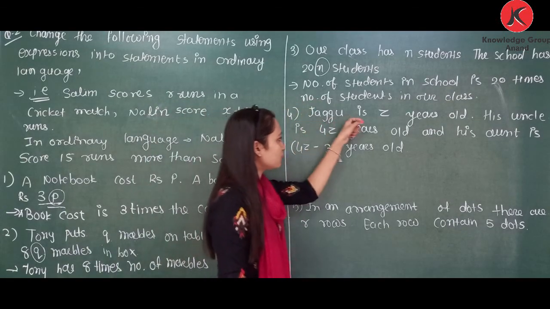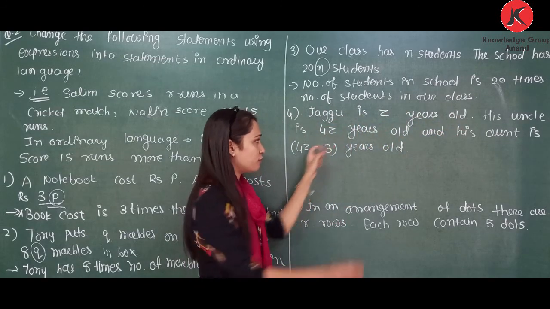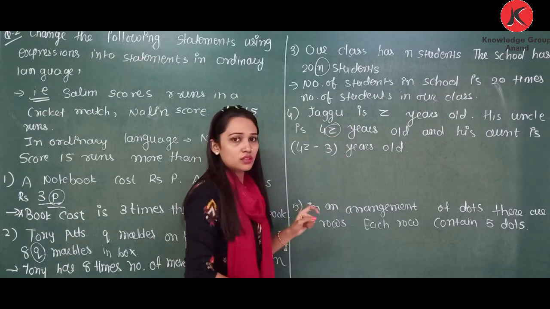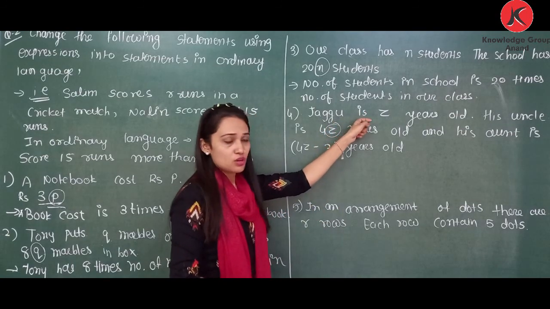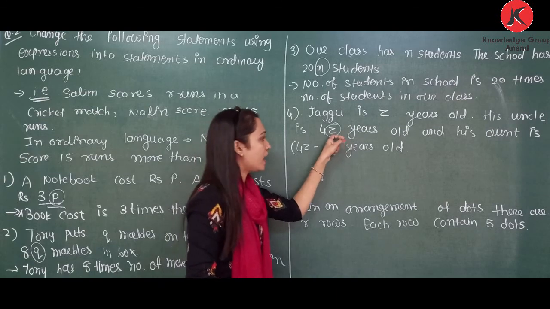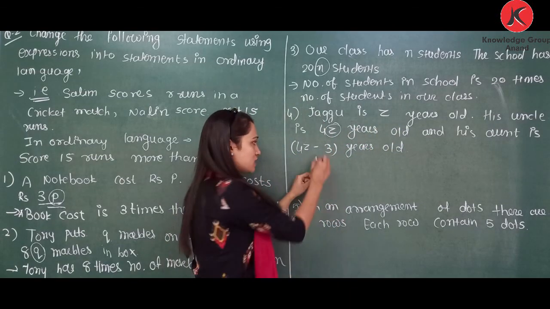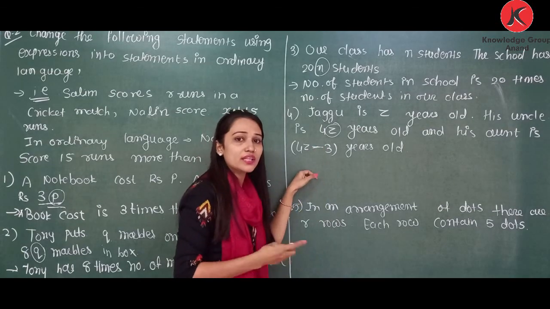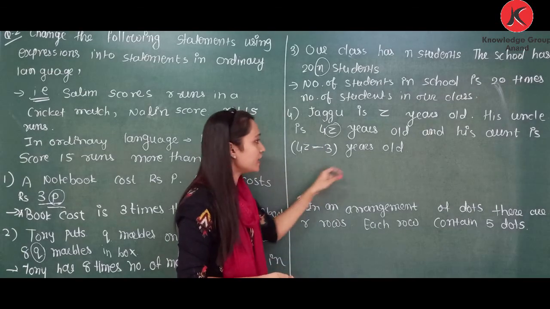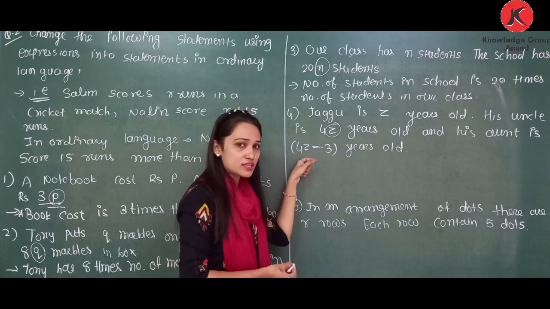Next, Jagu is Z years old. His uncle is 4Z years. What is Z? It is Jagu's age. So we can write, his uncle is 4 times Jagu's age, and his aunt is 4Z minus 3. Minus 3 means she is younger than the uncle. So we can write, his aunt is 3 years younger than the uncle.